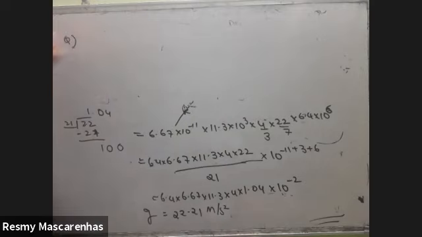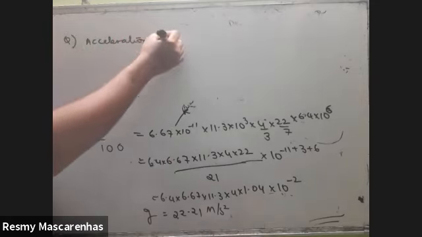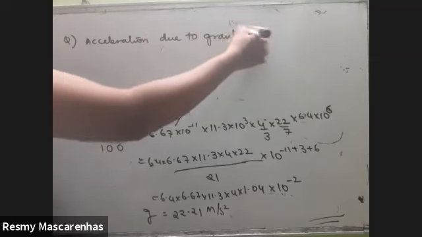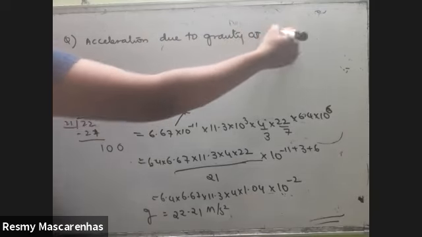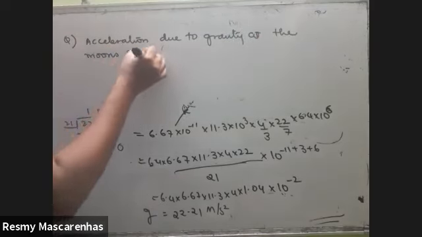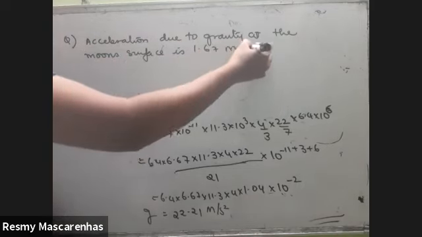Next question. Acceleration due to gravity at the moon's surface is 1.67 meter per second square.